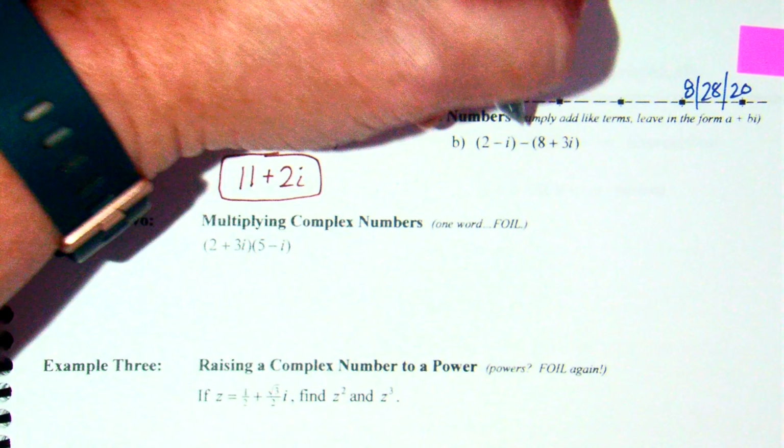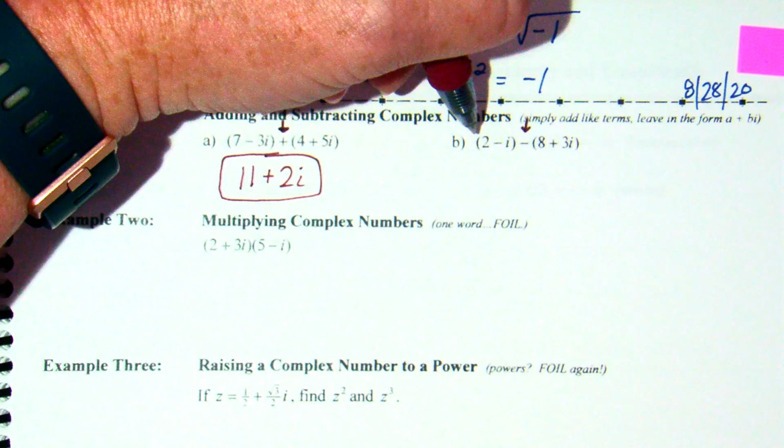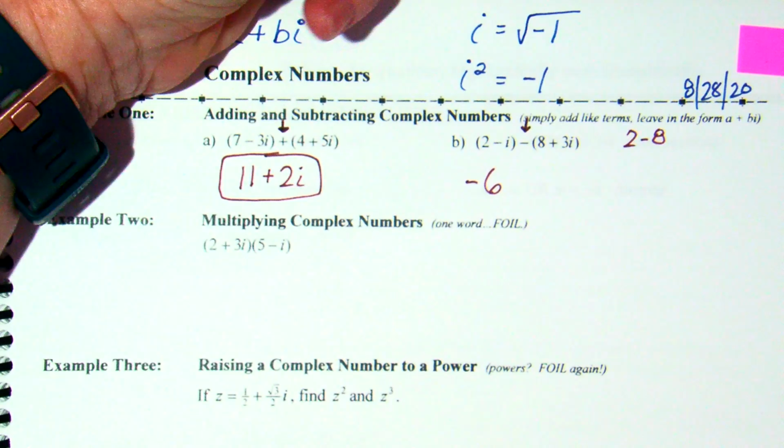We have 2 minus 8, that's the easy part, right? 2 minus 8 is -6. And then the next part is -i minus 3i. The key is remember to subtract everything in that second parenthesis, yes? So -i minus 3i is minus 4i, because it's like -1 minus 3. Okay, so far so good?